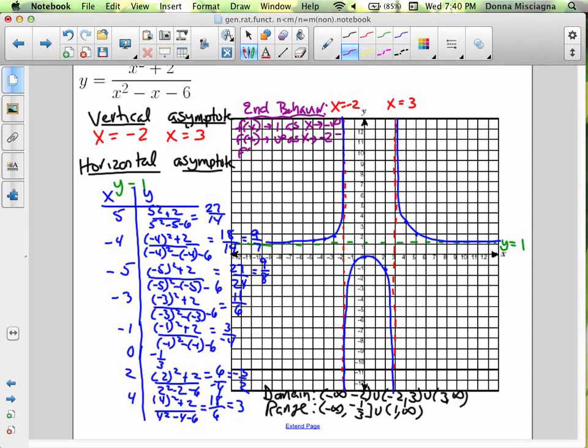It approaches negative infinity as it approaches that same vertical asymptote from the right. It also approaches negative infinity as it approaches the next vertical asymptote from the left, and it approaches positive infinity as it approaches that asymptote from the right. And then, of course, it has to head to the horizontal asymptote as x approaches infinity.